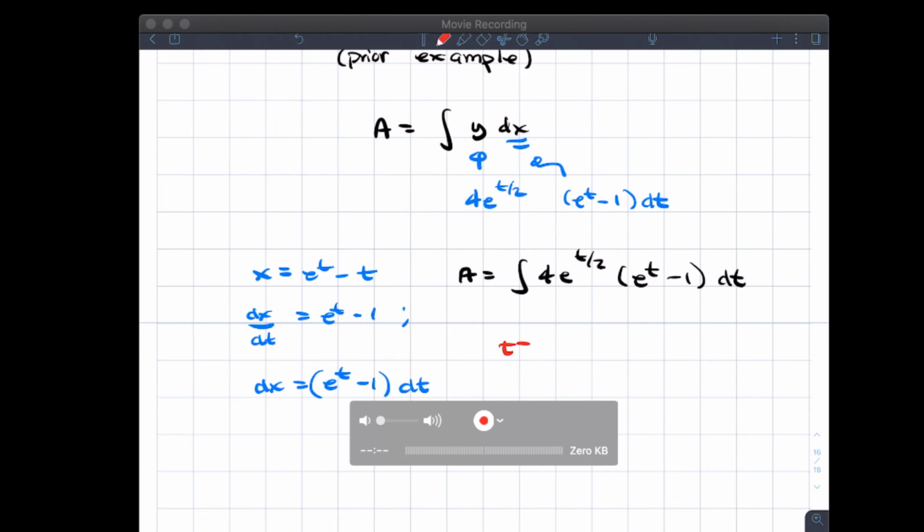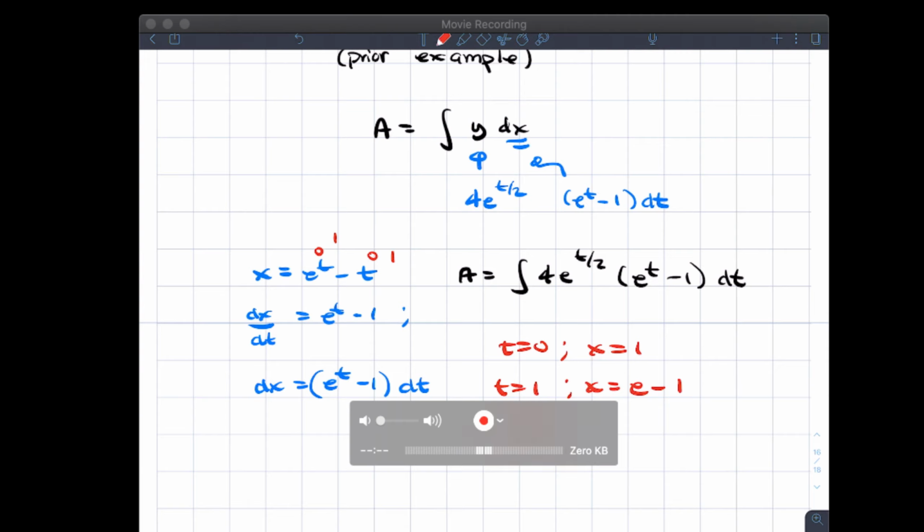Right? When t is 0, we know x here, if we plug in a 0, x here is 1. When t is 1, plug in a 1 now. x here will be e minus 1.